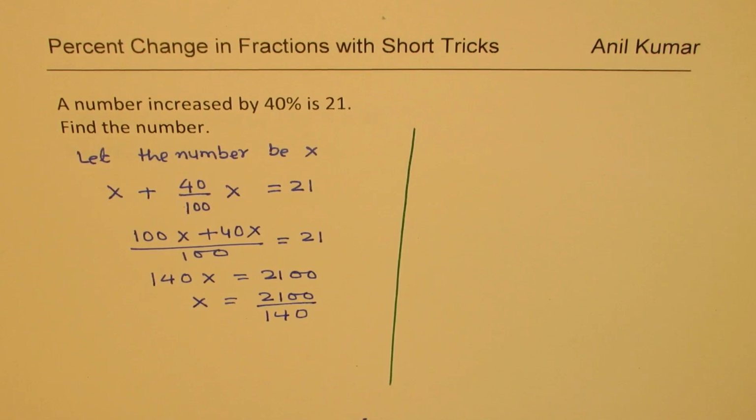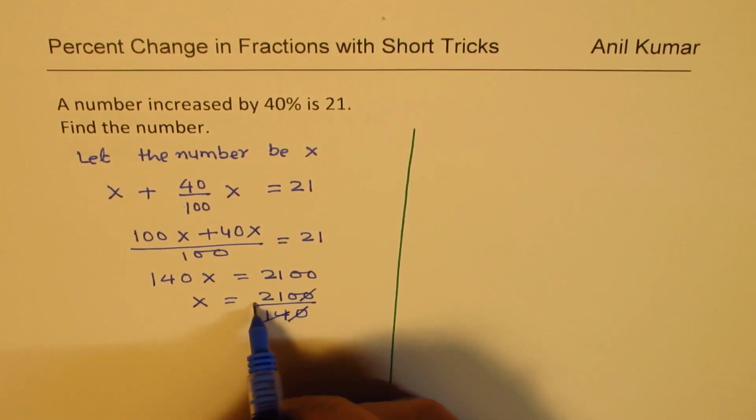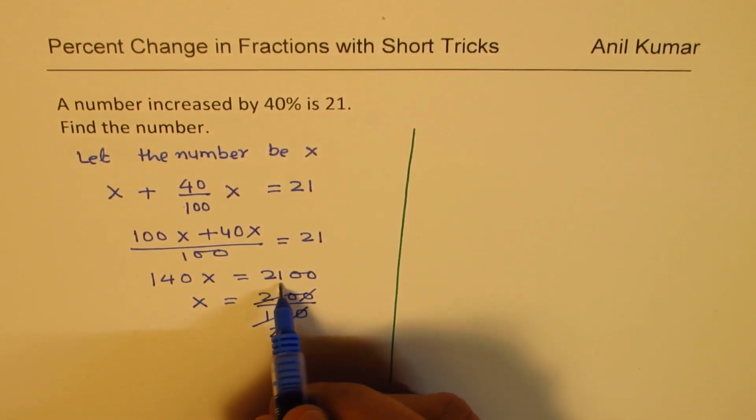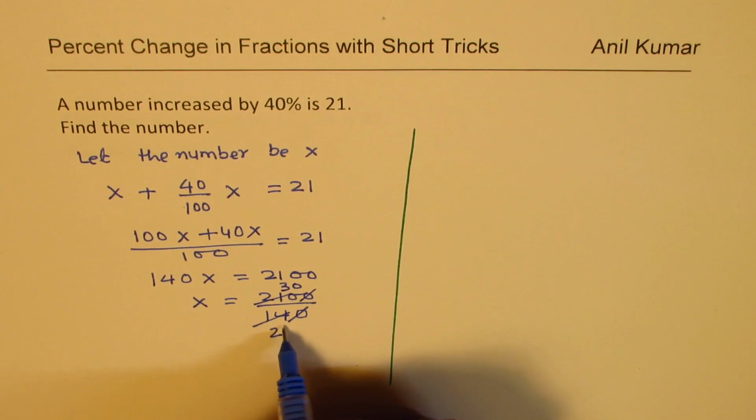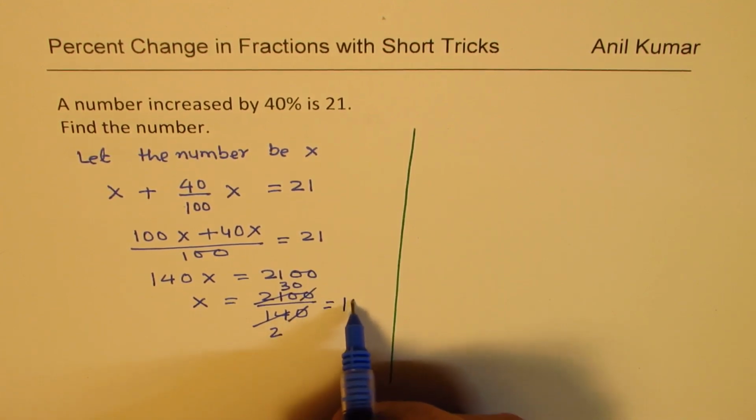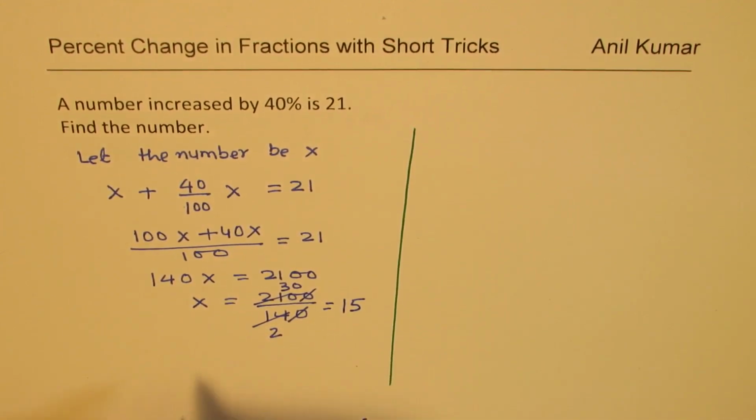Correct? So these are the steps which you need to do to solve such a question. Now we can divide by 7. So 7 times 2 is 14, and you get 30. And then dividing 30 by 2, you do get 15 as the value of x. So x is equal to 15.